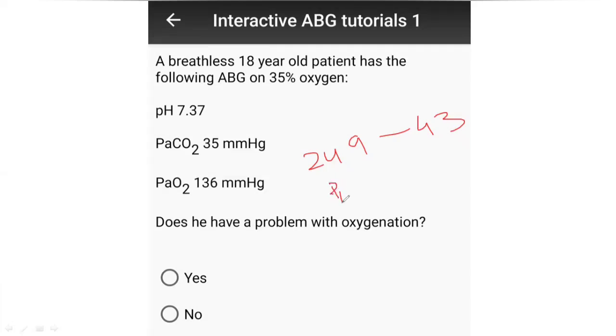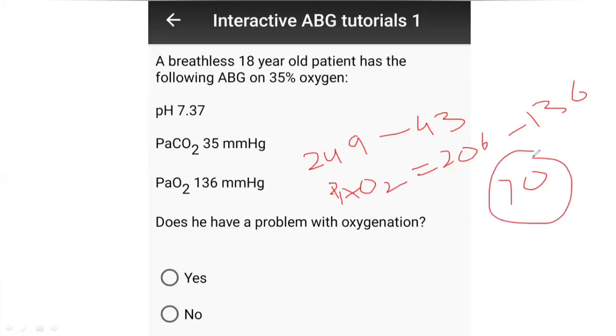So our PAO2 is 206. Now subtract 136 from this. 206 minus 136, the answer is 70. So my AA gradient is 70. Now tell me your answer. I don't know whether mine is right or not. 69.